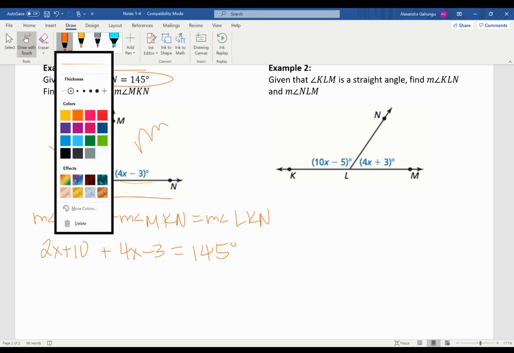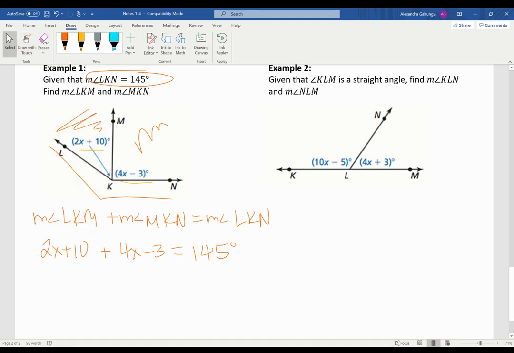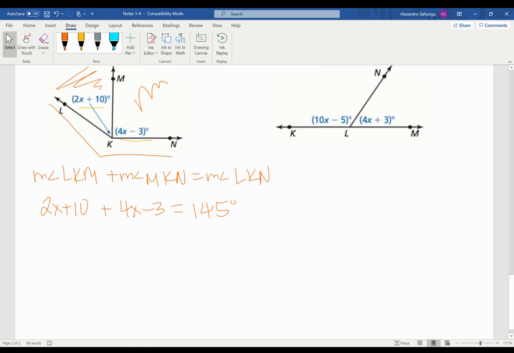So then do a little adding. I combine my like terms, 2x and 4x gives me 6x, 10 and negative 3 gives 7. 145, and 6x plus 7, I'm subtracting 7, and I get 138.